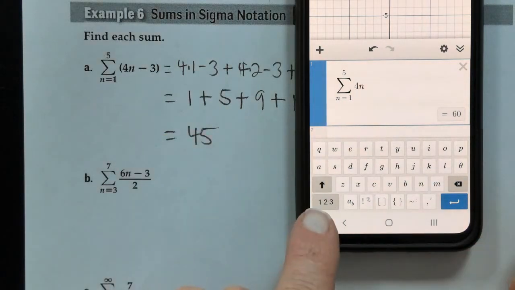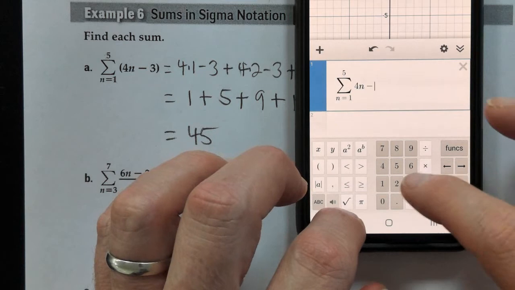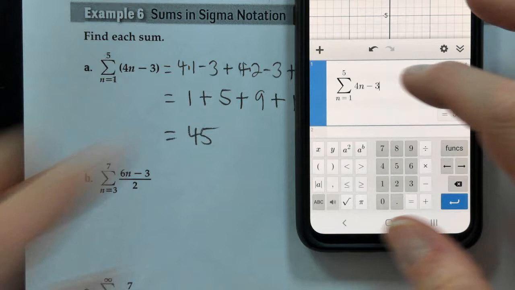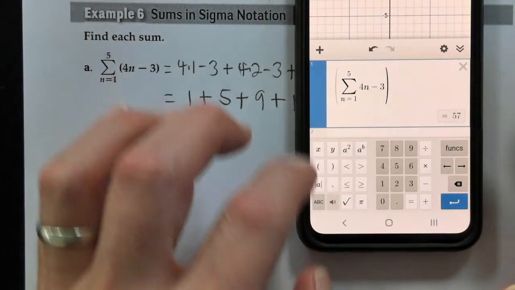Make sure you go and get your n, right? Minus 3. And there we go. It does it for us. And that is not the number I was expecting. And so let me see if I can correct that by doing this.